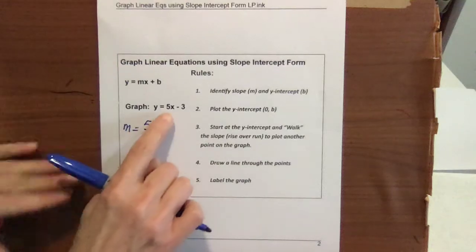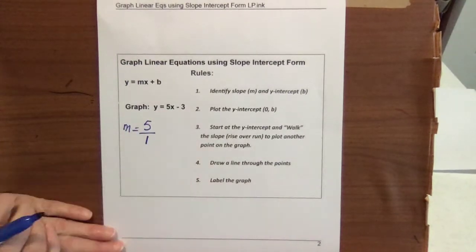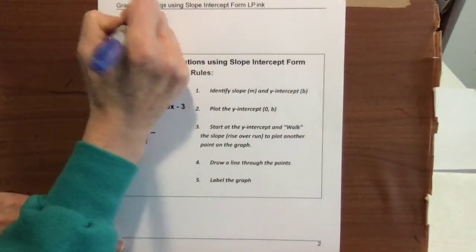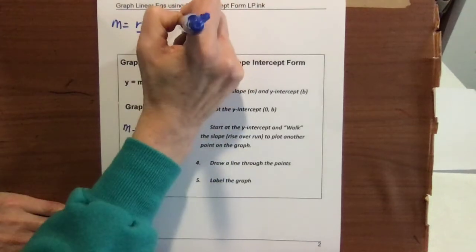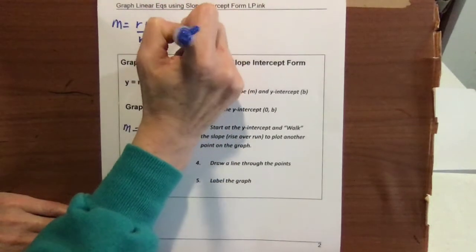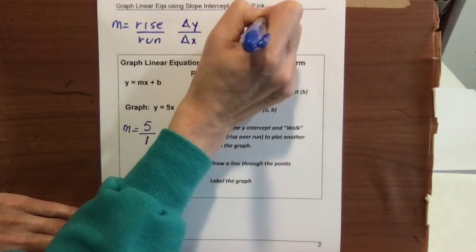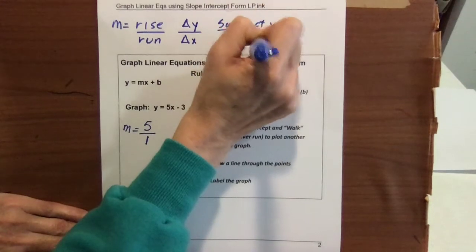Remember that if it is an integer, positive or negative, you're going to put it over 1 because we need a rise over run. Keep in mind our slope is a rise over run, and the rise is our change in our y values and the run is our change in our x values. So we subtract y's and subtract x's.